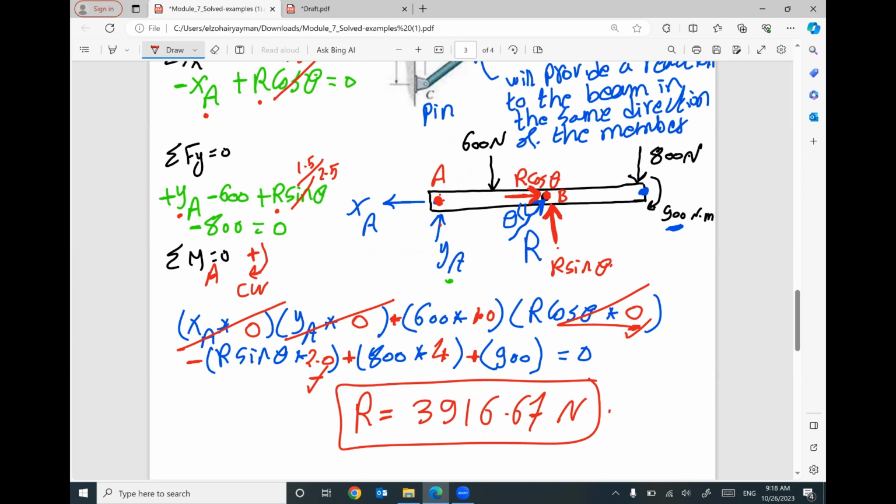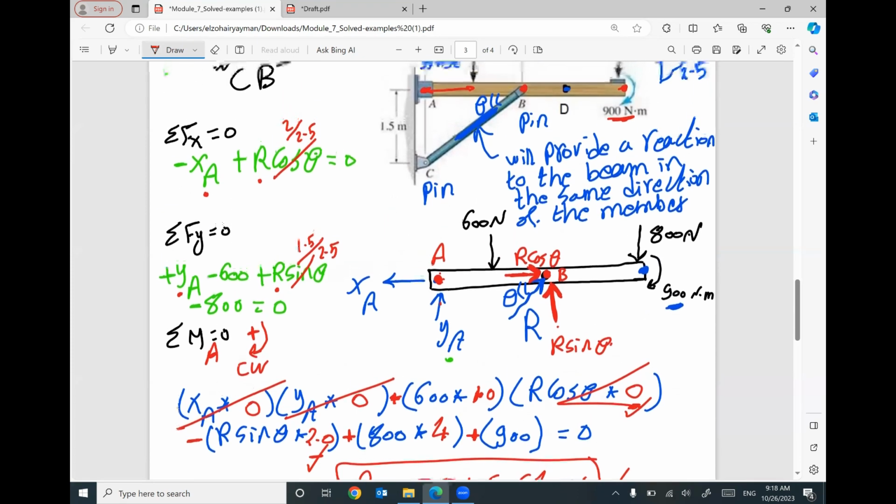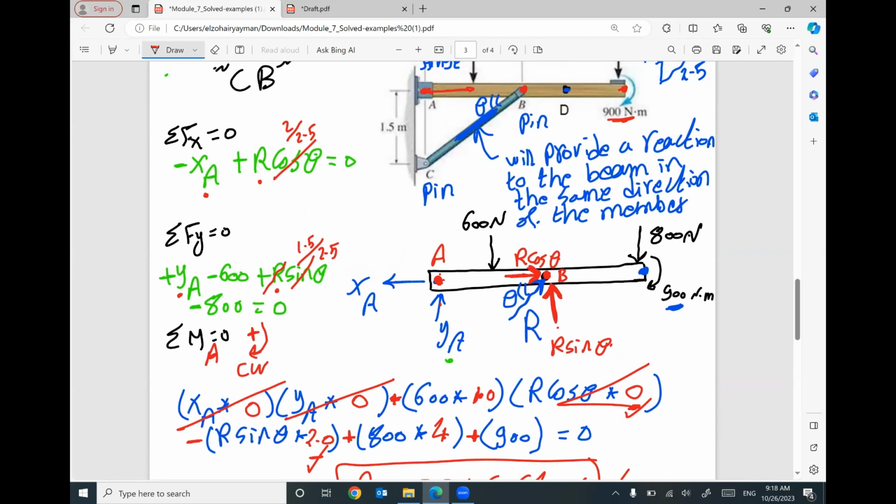Once you get the value R, I can go back here and put R with this value, 3,916.67. I can find out the reaction YA. The reaction YA will be 950. So this reaction is 950.